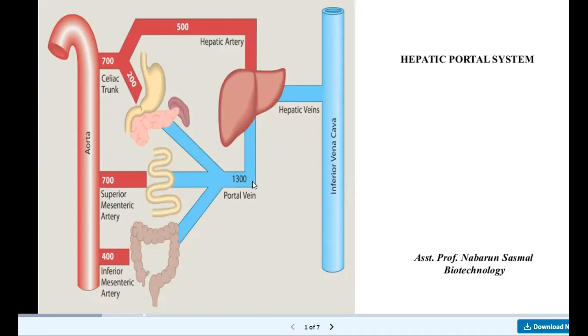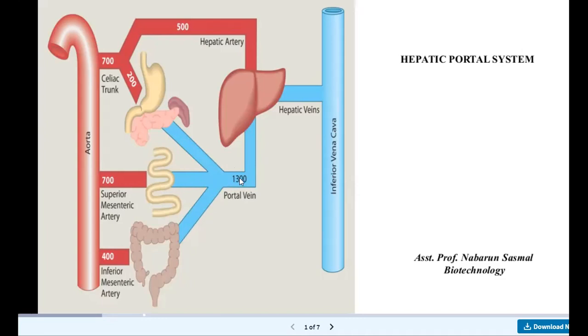So the major blood supply to this liver in terms of volume is the portal vein. But the only problem with this portal vein is that the blood is coming from these veins. So it means that this blood is not oxygenated. It is deoxygenated blood, because we said veins carry deoxygenated blood.